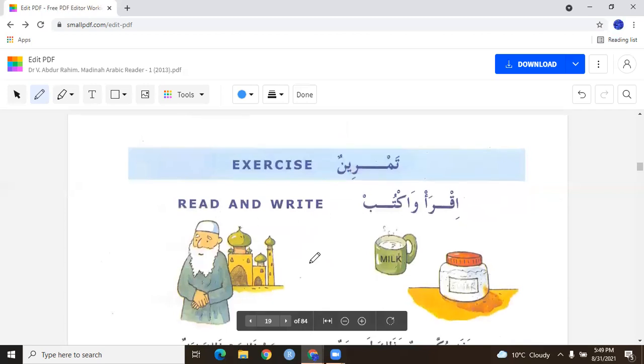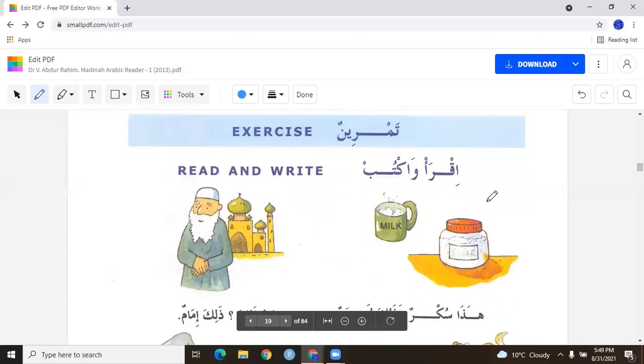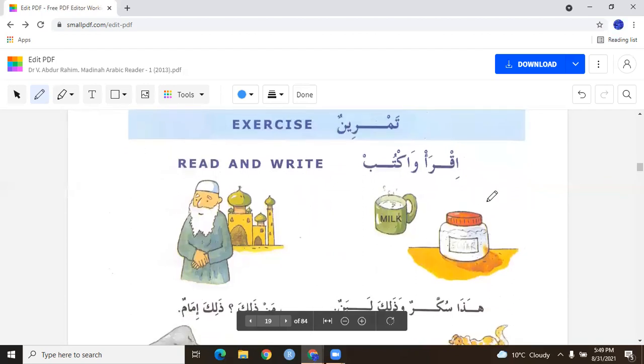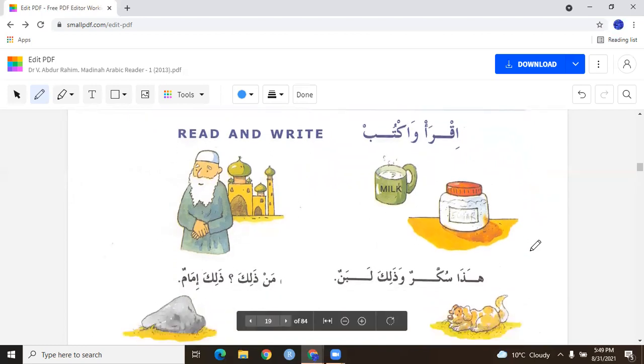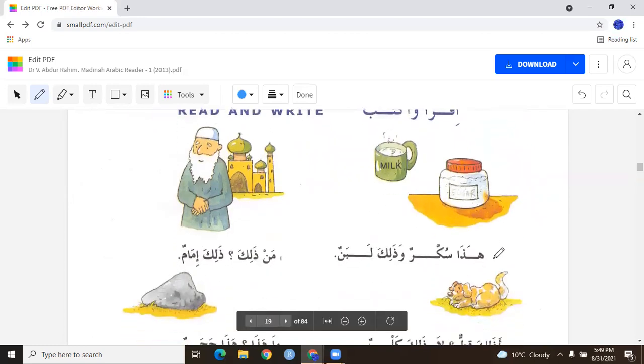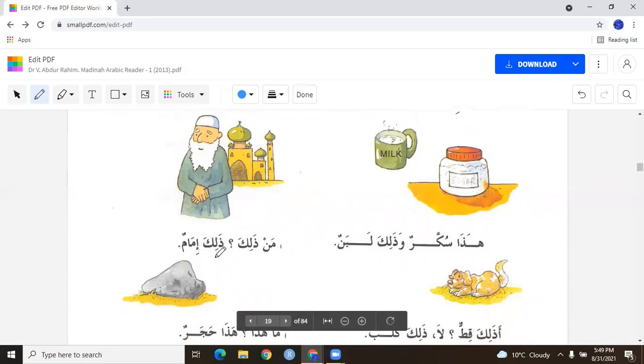Now we are at the tamarin, which are the exercises. Can you please read? اقرأ واكتب. Read and write. هذا سكر وذلك لبن. This is sugar and that is milk. من ذلك؟ Who is that? ذلك إمام.